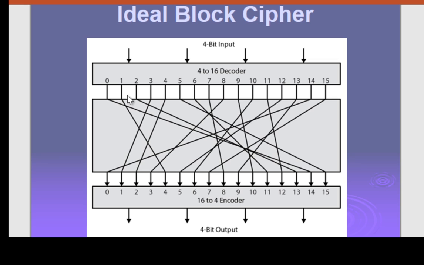For each block they can choose any of the numbers from 0 to 15. The cryptanalyst cannot identify which input maps to which output, so it becomes very complex. For 4 bits only, this is already so complex; for a 2 power 64 block, it is much more complex.